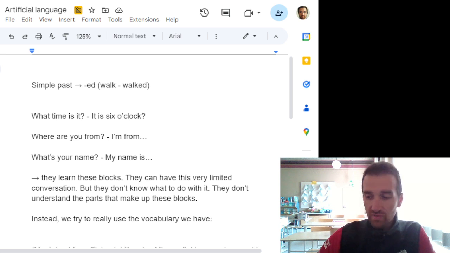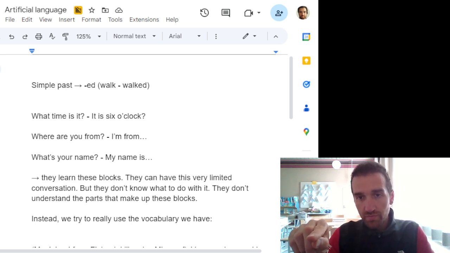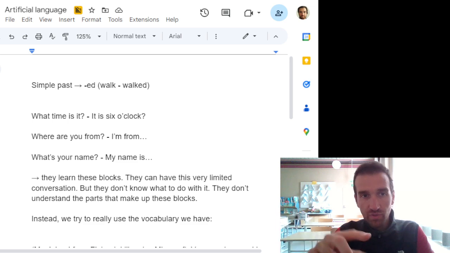For example, this is very common in language learning: a gap fill exercise. It's a sentence, and one word is missing. For example, the word walk is written in brackets, and then the kids have to write walked.